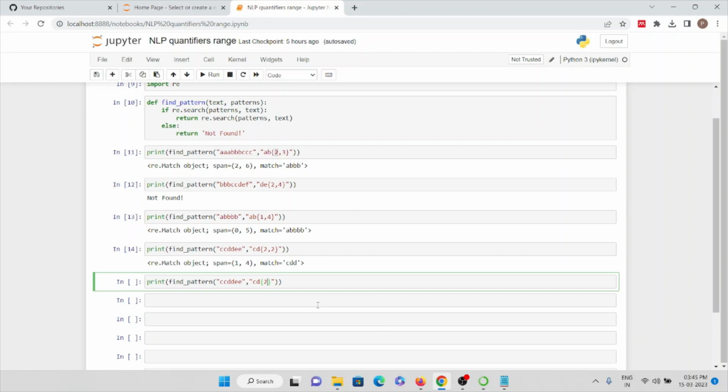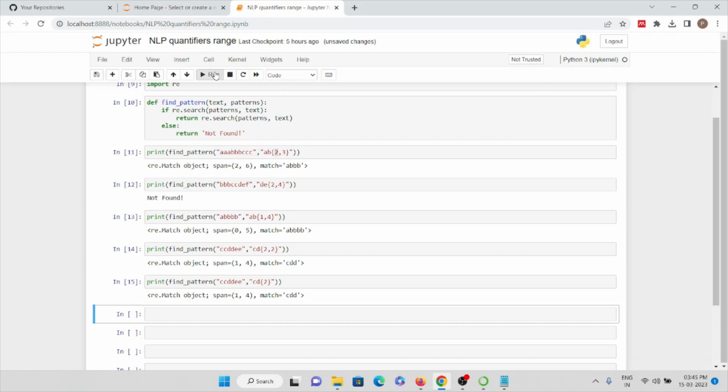Here I have not given any range. Okay. So here you can see the input: double 2C, 2D, 2E. Now let's try to run this particular cell. Here you are getting the match C followed by D, 2 number of times. And the span is 1 to 4. So here you can see 0, 1, 2, 3, 4.